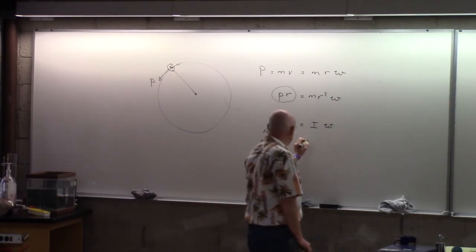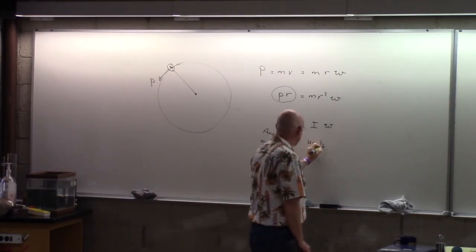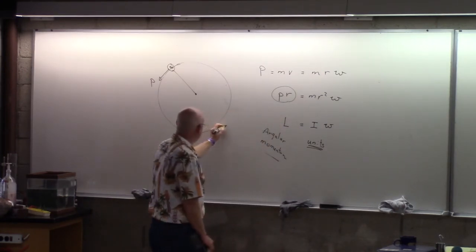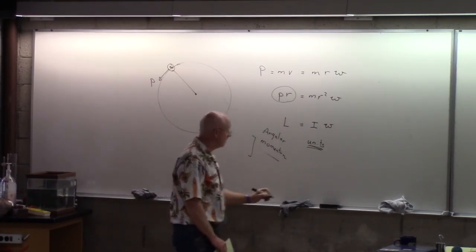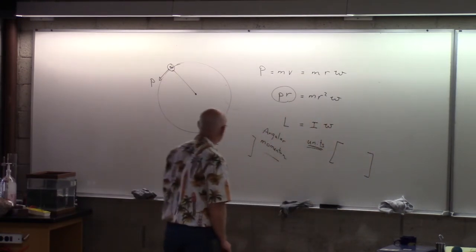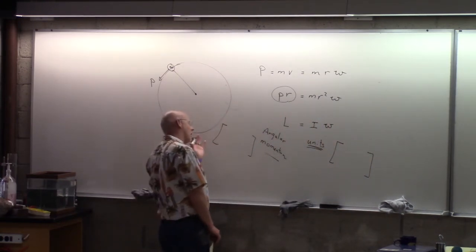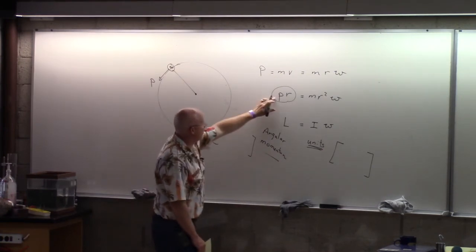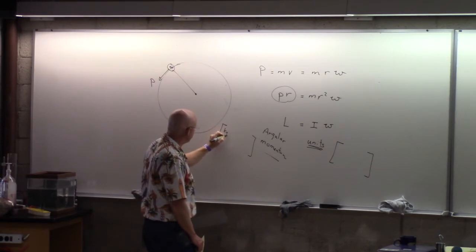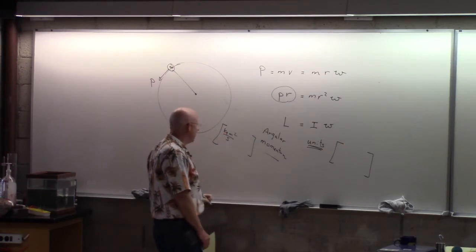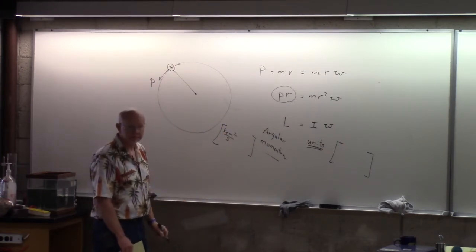Maybe it's worth putting the units up here. And I guess we could do that in both directions. I guess over here on the left-hand side, I would say, what were the units for linear momentum? Kilogram meter per second. So if I multiply by an extra distance, I will get a meter squared.